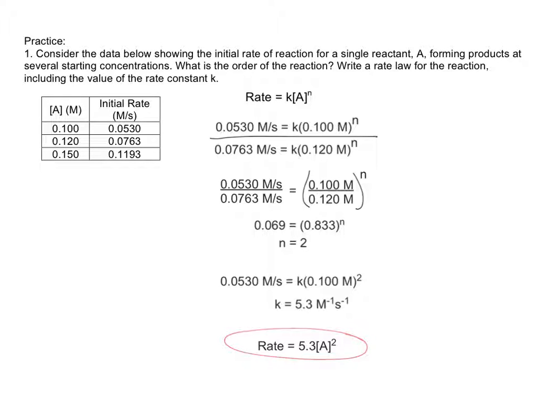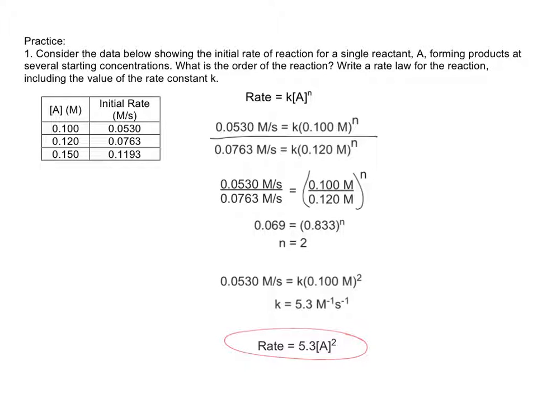Oh, and one last thing, we need to include the units for our k. If we look at the units for the equation we just solved, the 0.0530 is molar per second, and our concentration is in molar, but we've squared that value, so we have molar squared over here. So to get all of those units to cancel out, we can divide both sides by molar squared to figure out what the units for k should be.